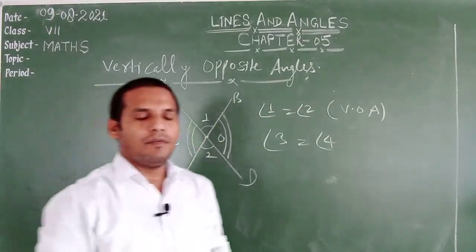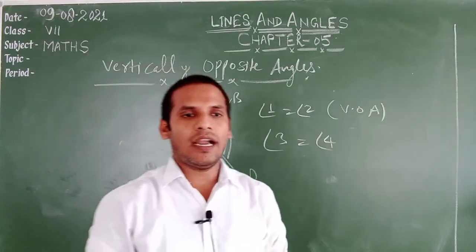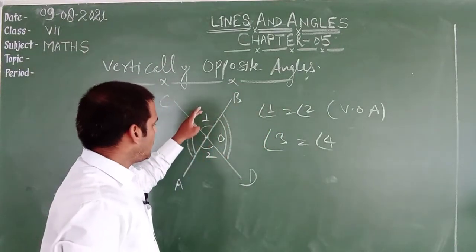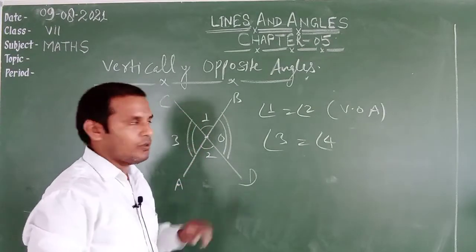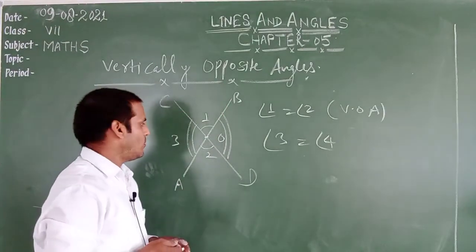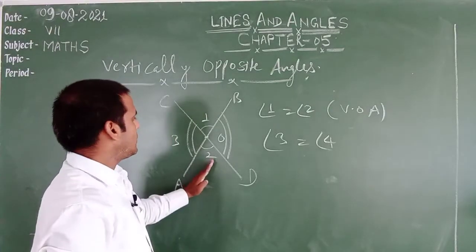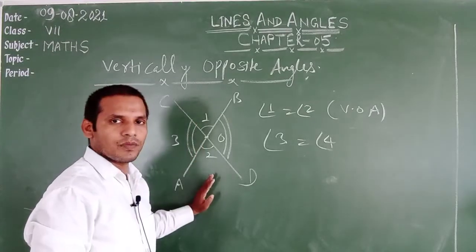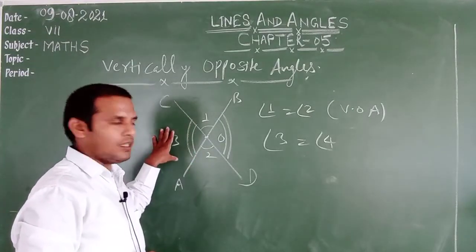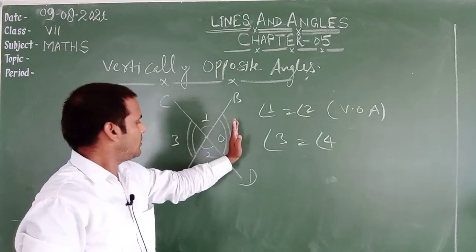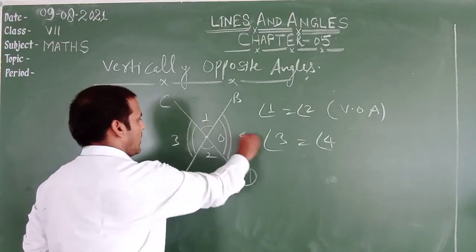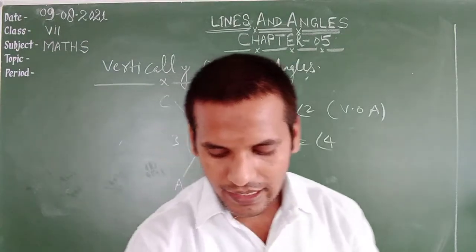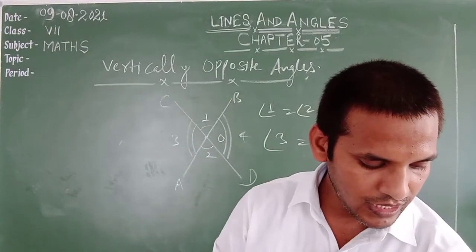When two straight lines cross each other at a single point, that point is known as the intersecting point, and the opposite angles will also be equal due to the vertical opposite angle. If this angle is 30, then it will also be 30. If angle 3 is 150, then in front of angle 3, angle 4 is also 150. So this angle is known as the vertical opposite angle.